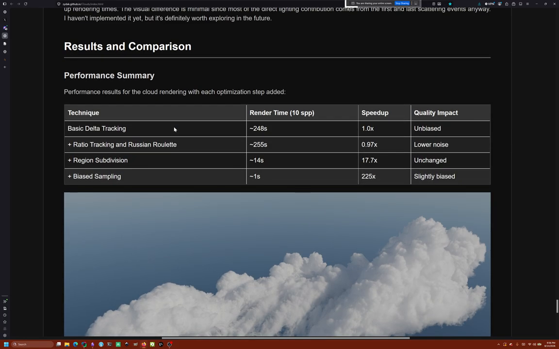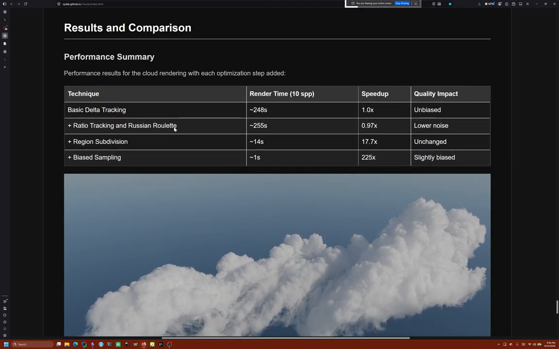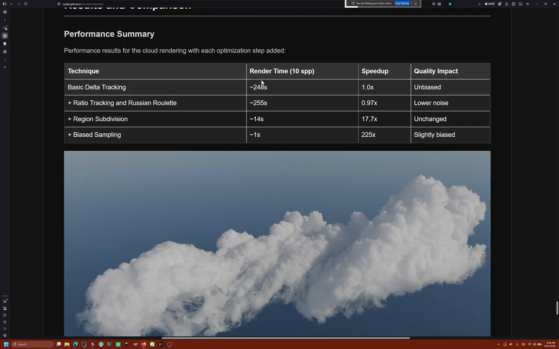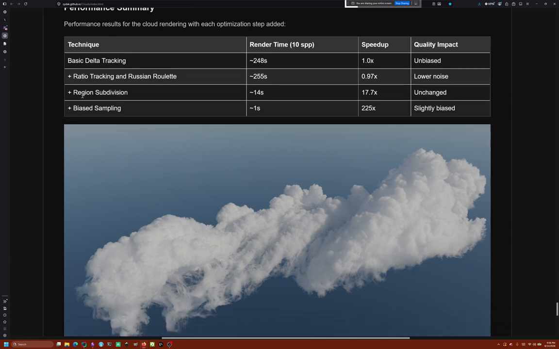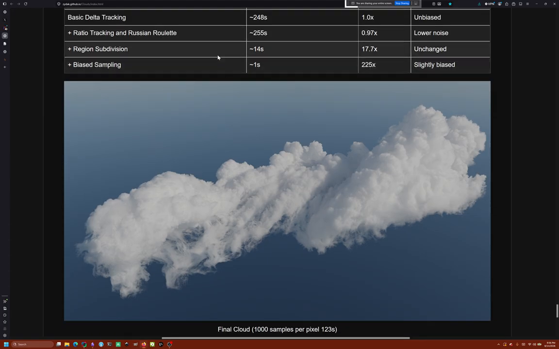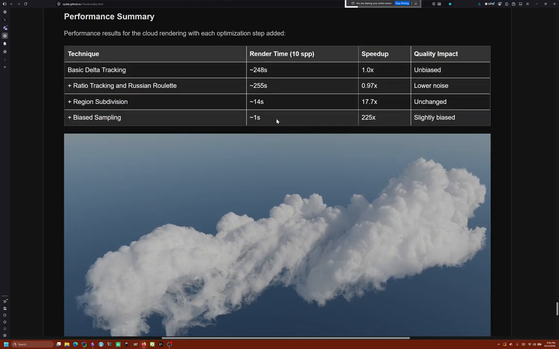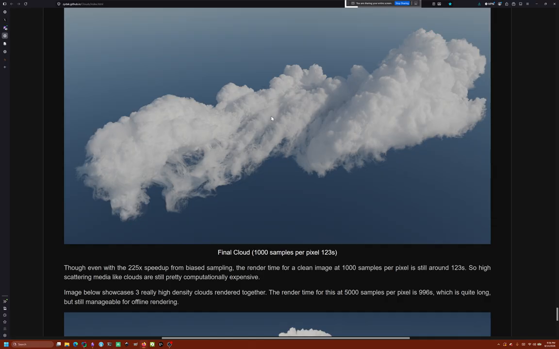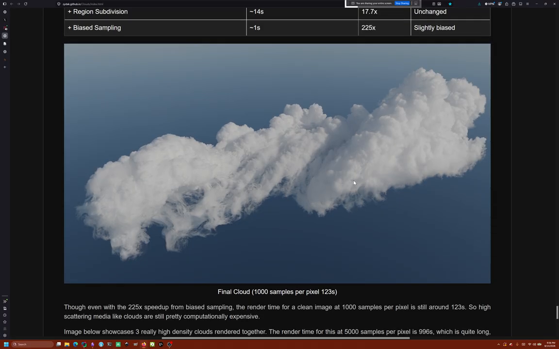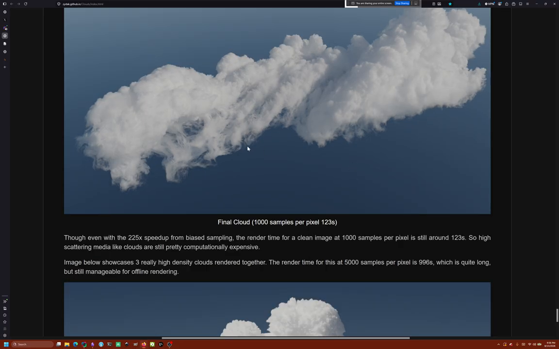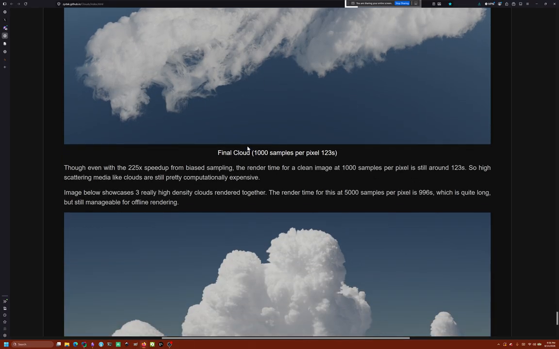So they're doing a summary of their optimizations: using ratio tracking, Russian roulette, subdividing the overall volume, and biasing the sampling. They were able to get it down a lot. And there is the final cloud render.